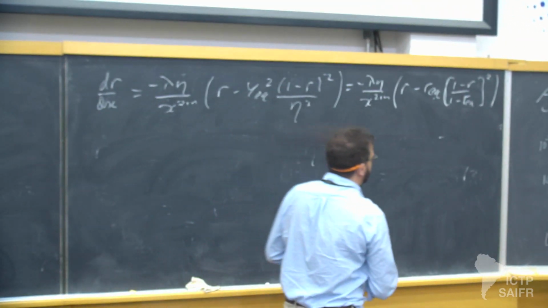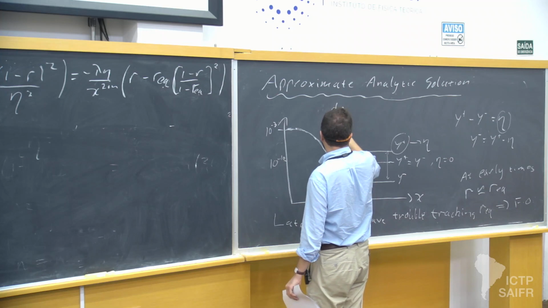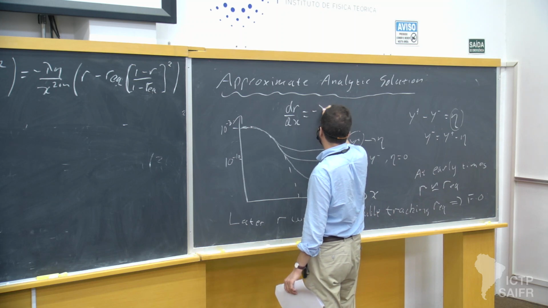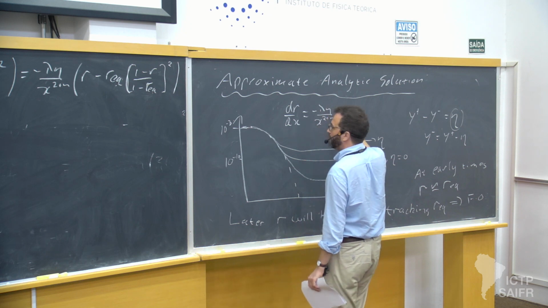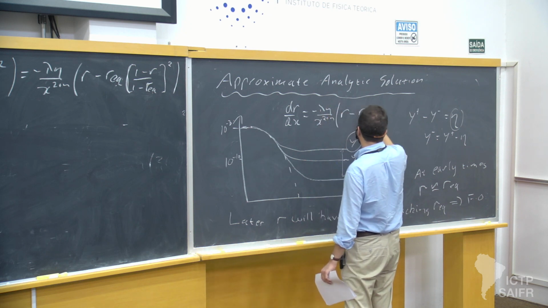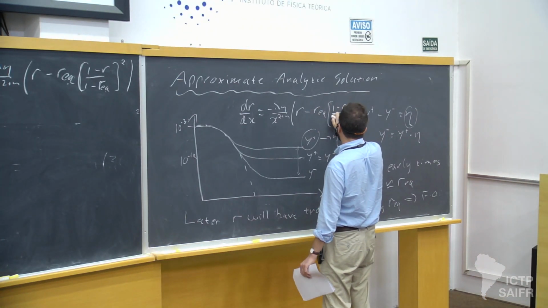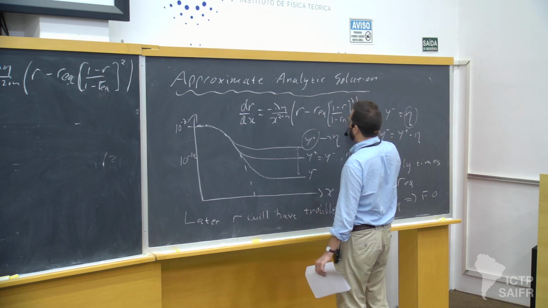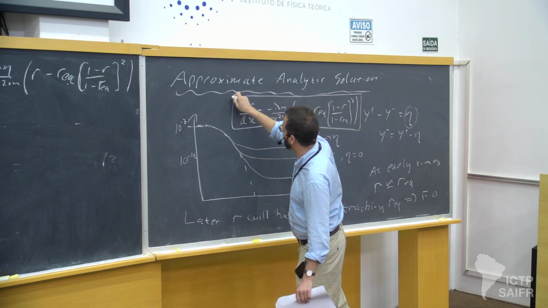And so that we don't forget, it'll be useful to write the equation here that we're going to want to solve: R minus R equilibrium, 1 minus R on 1 minus R equilibrium squared. This is what we're going to solve.